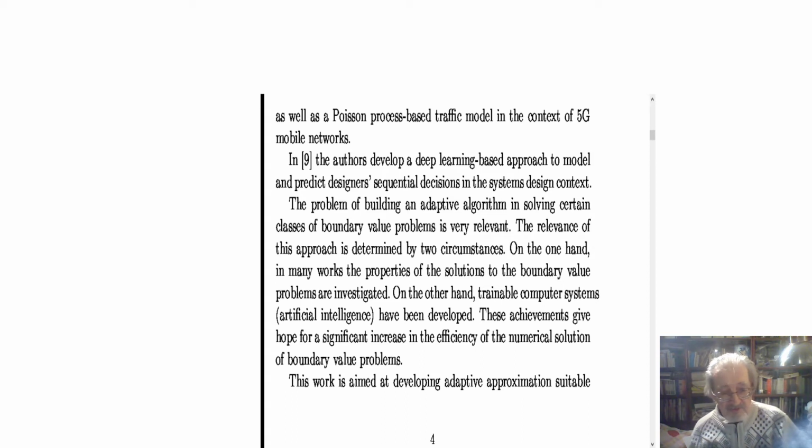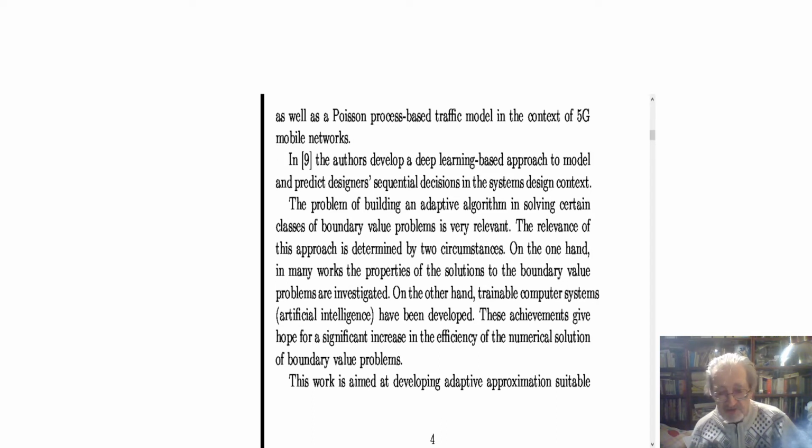The results of this work are adaptive numerical methods suitable for the teaching of intelligent computer systems using representatives of the class of the mentioned problem.